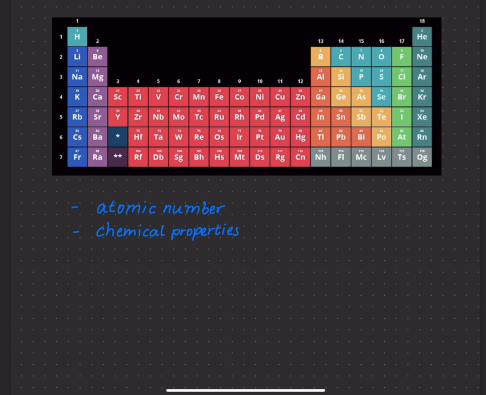Indicated, it's not consistent, but the group number can already give us an indication of the number of valence electrons. We will look at that later.